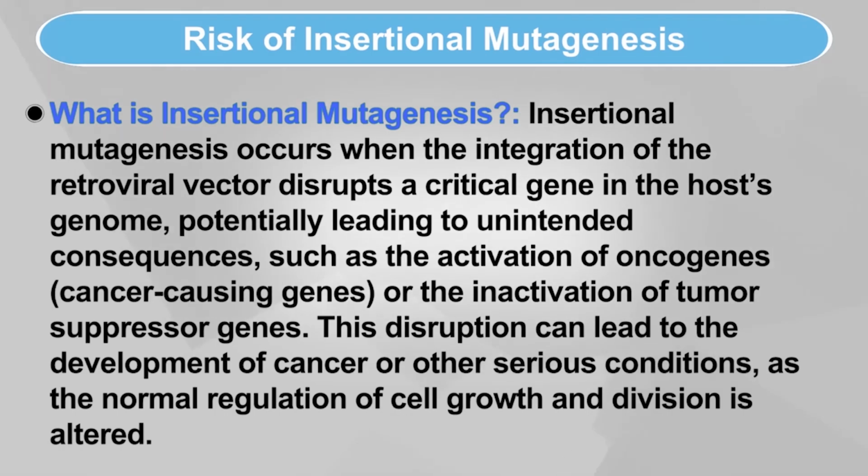This can potentially lead to unintended consequences such as activation of an oncogene, a cancer causing gene, or the inactivation of a tumor suppressor gene. This disruption can lead to the development of cancers or other serious conditions by affecting the normal regulation of cell functions and divisions.